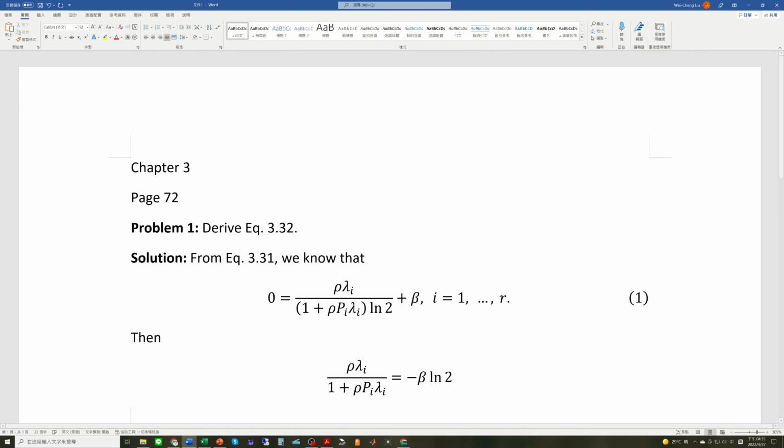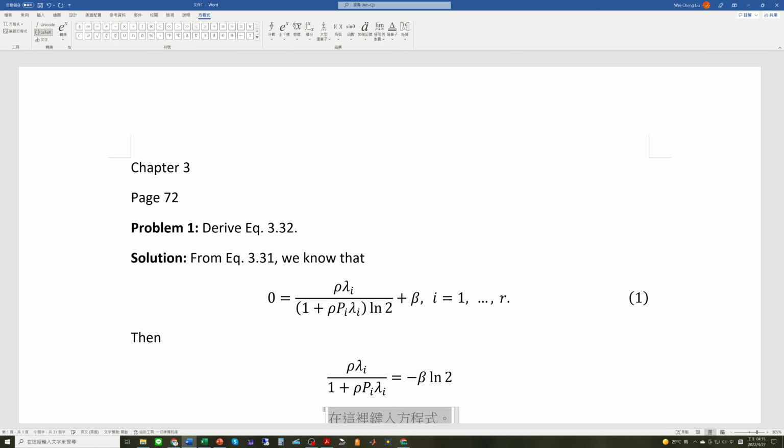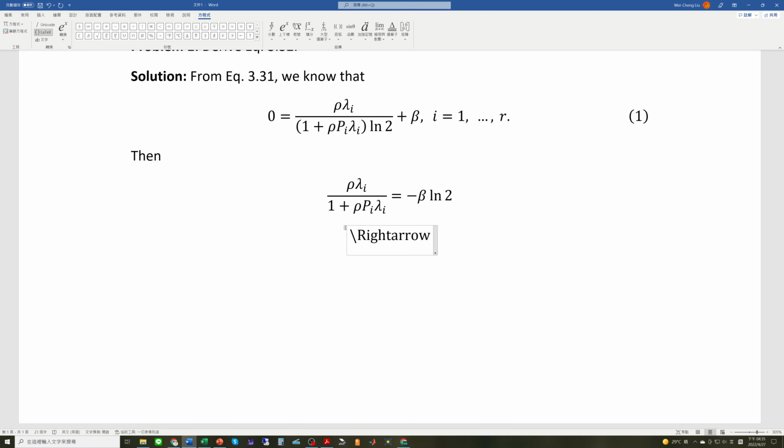It implies that we can take the reciprocal of both sides of this equation.